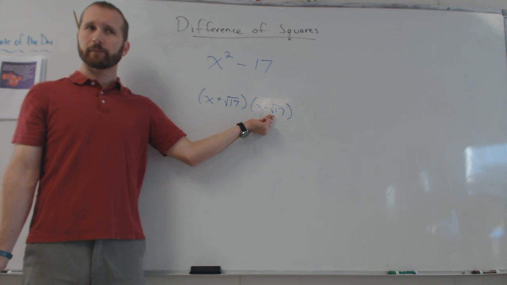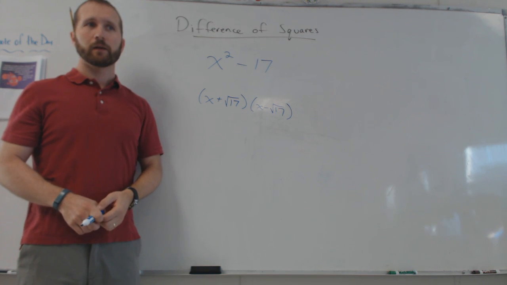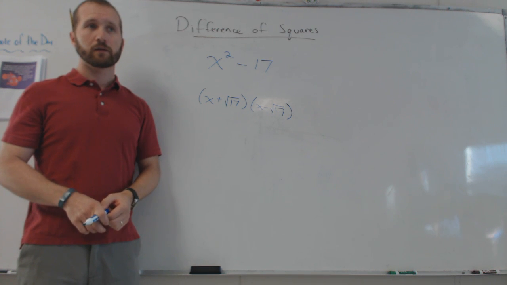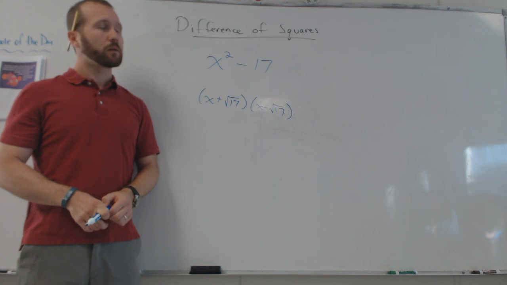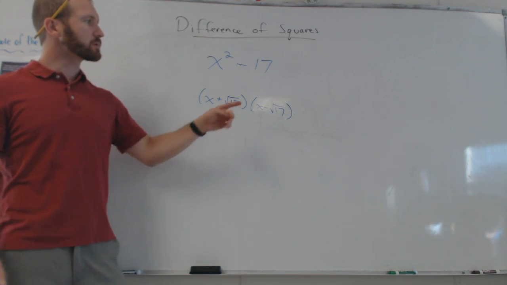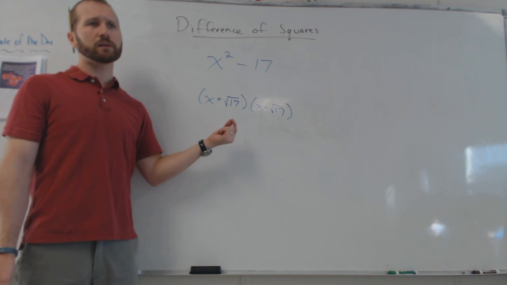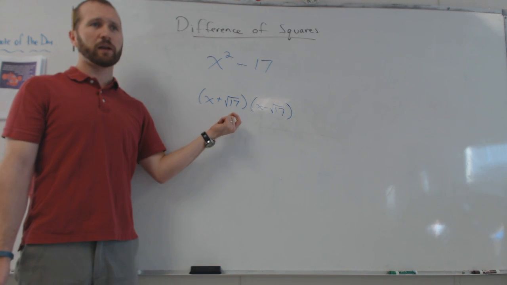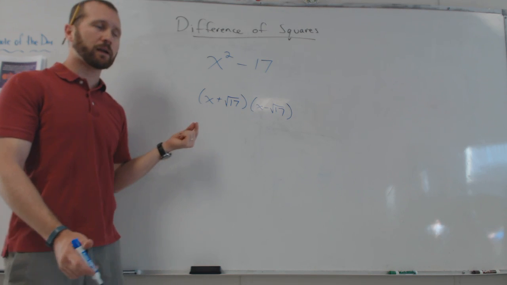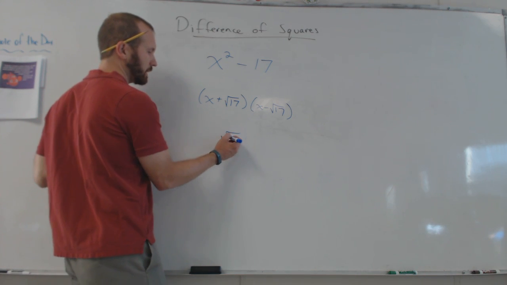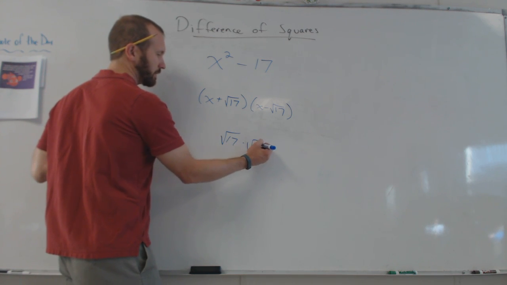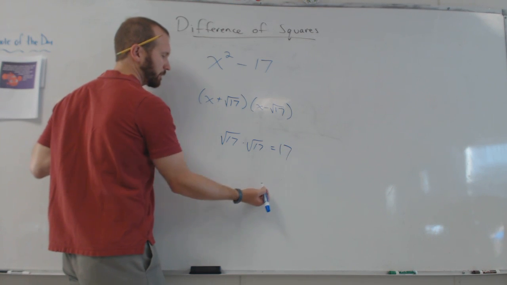So a square root is something that when you multiply it together, when you square it, it equals that original number, right? So the square root of 17 times the square root of 17 equals 17.